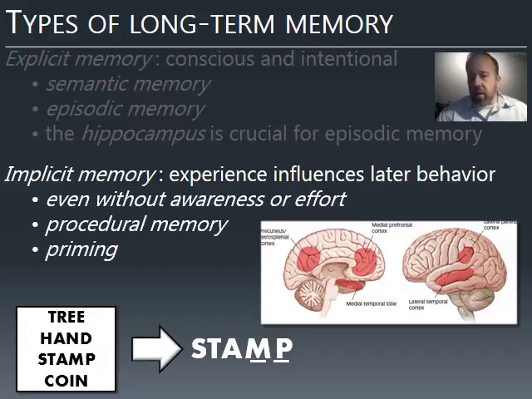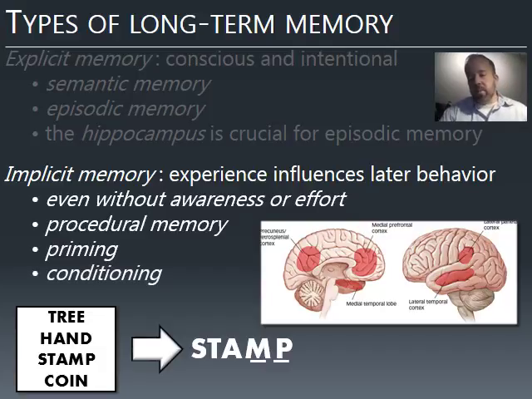And so that's what priming is, where exposure to a stimulus, even if you're not aware of it or can't recall that experience, influences later behavior. And this works on individuals even if they have hippocampal damage. So it doesn't depend on episodic memory. They don't have to be able to recall the experience of seeing this list. They can still be primed. They will still exhibit this behavior.